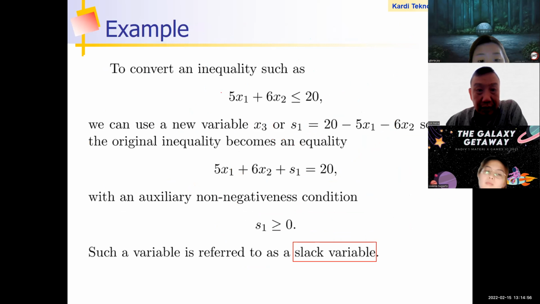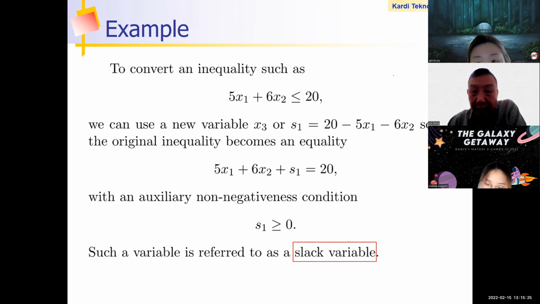Right? So let's take an example. Suppose you have 5x1 plus 6x2 less than 20. Less than 20, so what will you add? You will add slack variable, so that you will make it equal. So in that case, you can add a new variable, x3 or s1.